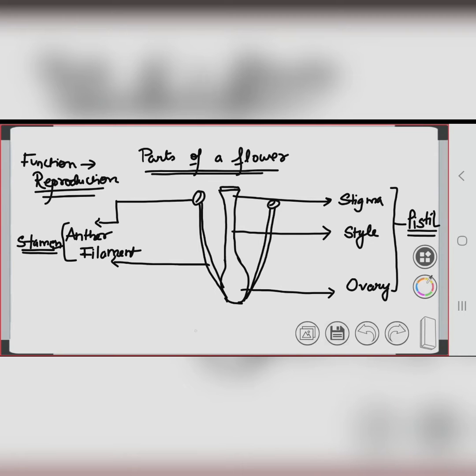Now, if we look closely at the anther, we will see there are small yellow grain-like structures on the anther. Those small grain-like structures are called pollen. Basically, pollen will contain the male gametes.